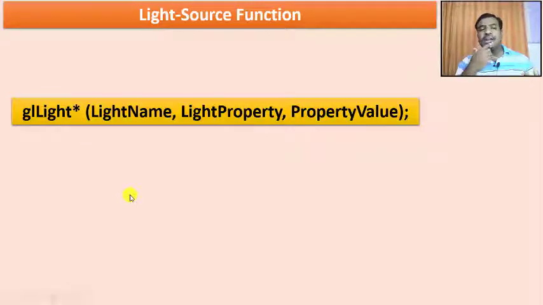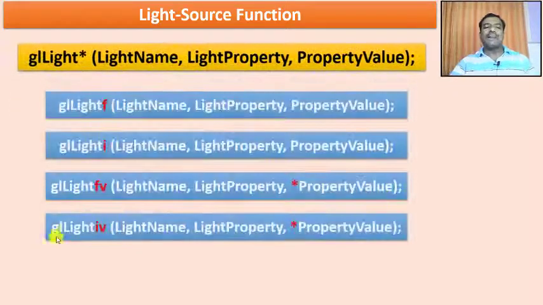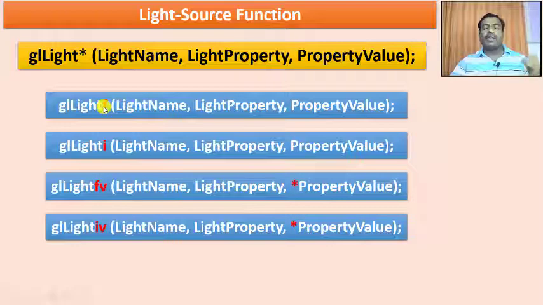If you remember, when I talk about glVertex, the glVertex star can be replaced with a 2 character or a 3 character and so on. Similar to that, this star can be replaced with f if I am going to pass floating point values, or i if I am passing integer values, and I am going to have fv or iv.